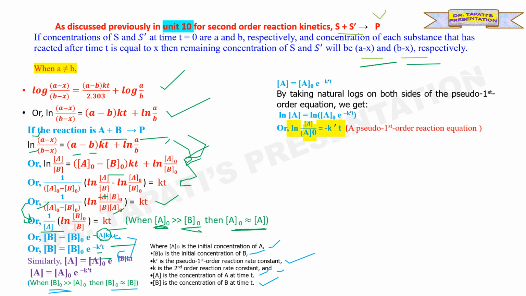It is a pseudo-first order reaction equation, where B0 concentration is very high as compared to A0.